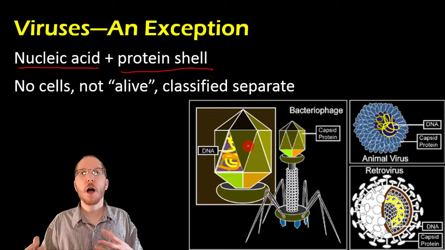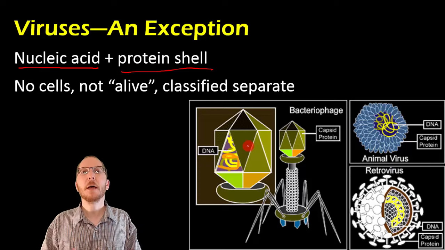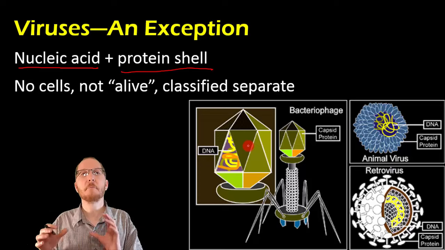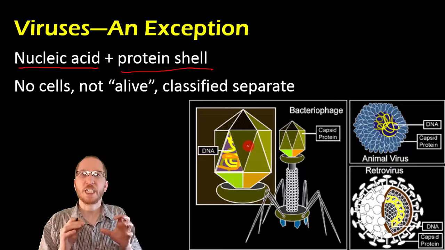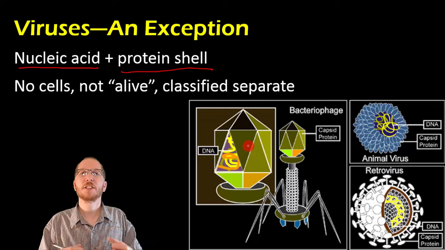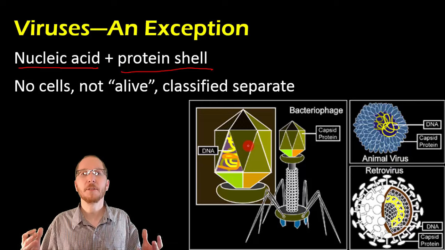This is why your dog might get sick, but you don't. This is why some people can get HIV, but there are some Europeans that have a modified molecule on their blood cells, their T helper cells, which HIV normally infects. Because that molecule is not present or modified, HIV is not able to, or at least has a significantly harder time attaching and injecting its genetic material, which means these people tend to be relatively immune to HIV.